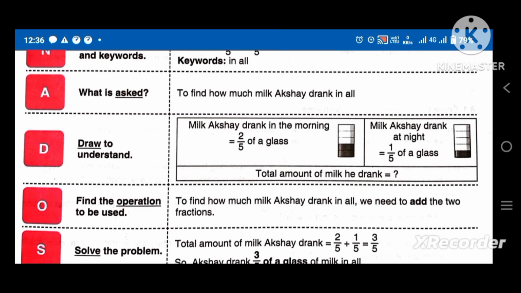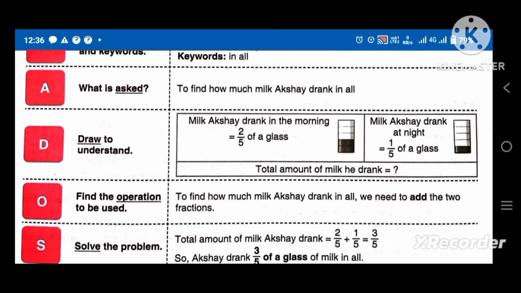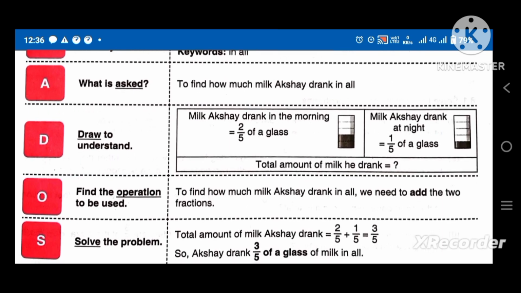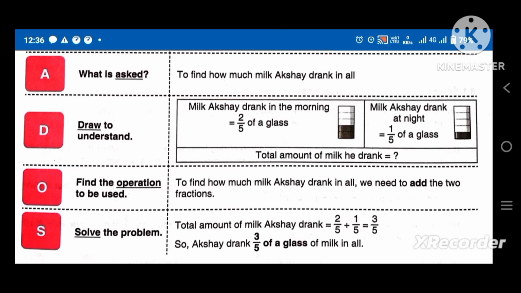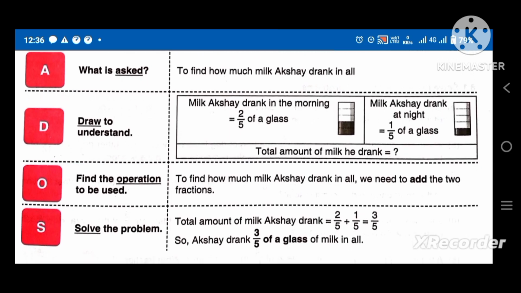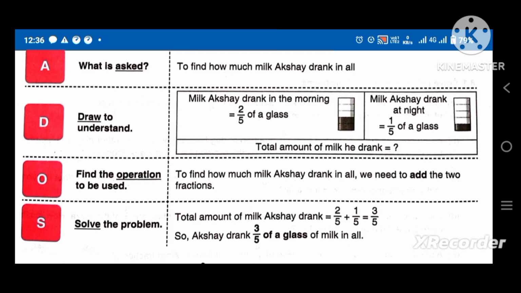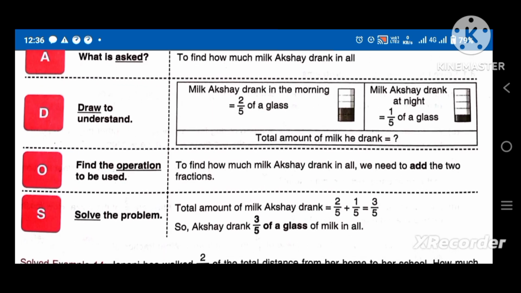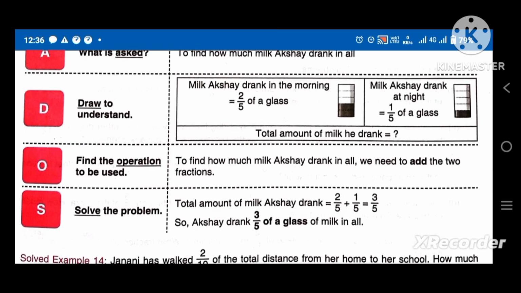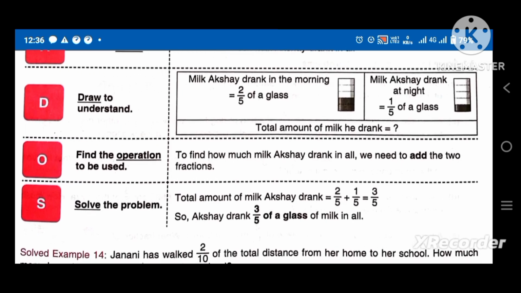D. Draw to understand. Milk Akshay drank in the morning 2 by 5 of a glass. Milk Akshay drank at night 1 by 5 of a glass. Total amount of milk he drank? Question mark. O. Find the operation to be used.